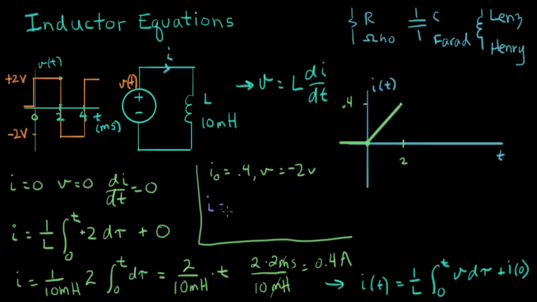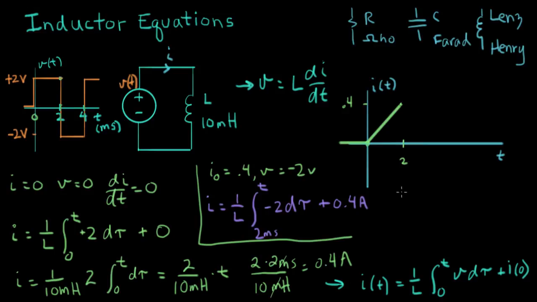That tells us I equals 1 over L integral from, what's the new point? 2 milliseconds to t. And V of t after 2 milliseconds is minus 2 volts, minus 2, d tau, plus, now we have a starting current. Our starting current was 0.4 amps.